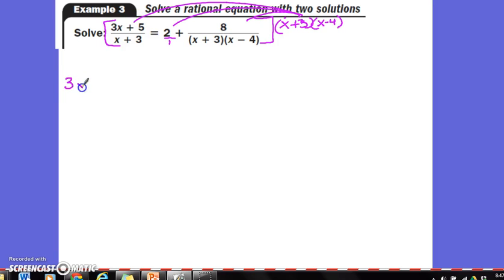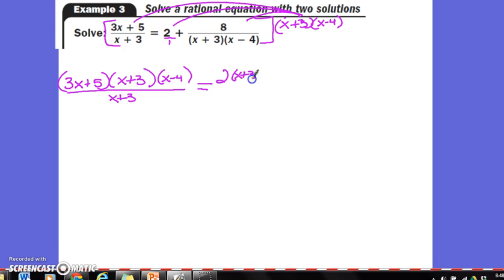We get 3x plus 5 times x plus 3 times x minus 4 all over an x plus 3, equals 2 times x plus 3 times x minus 4, that's over my 1, which doesn't have to be, but it is right now, plus 8 times x plus 3 times x minus 4 all over x plus 3 times x minus 4.